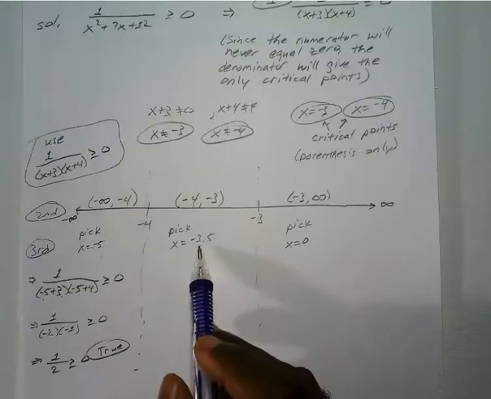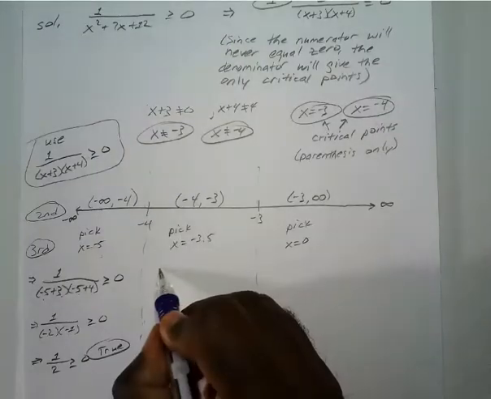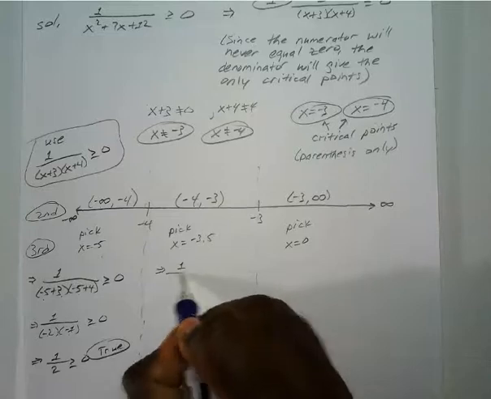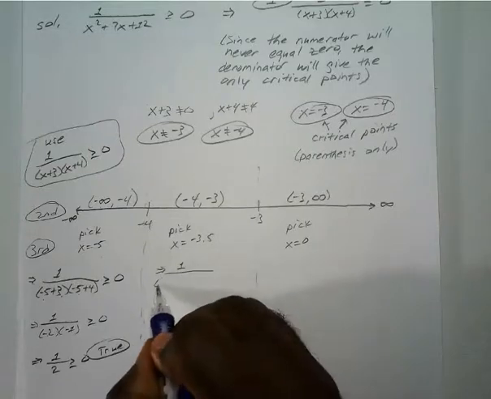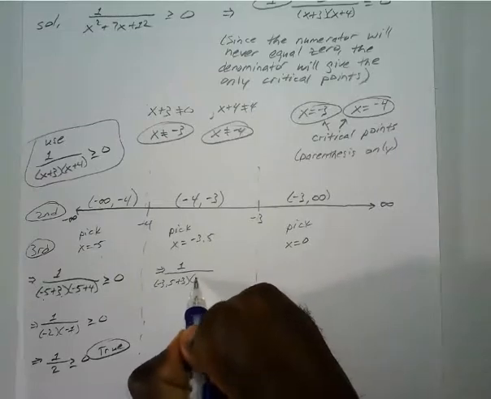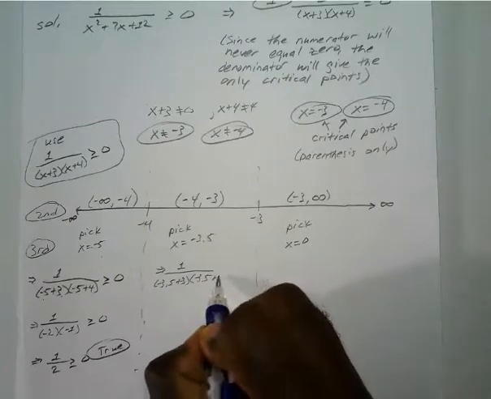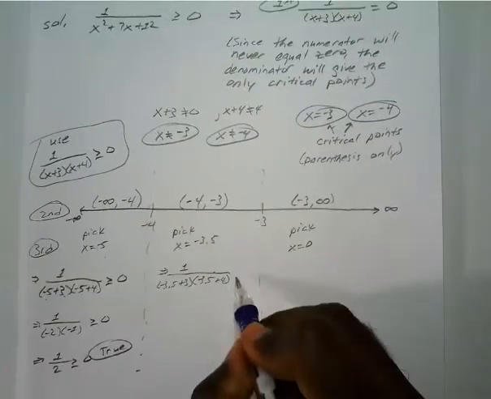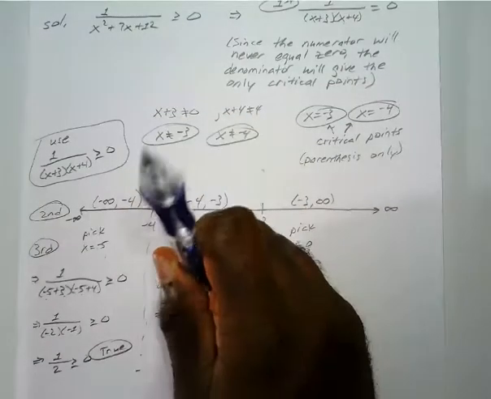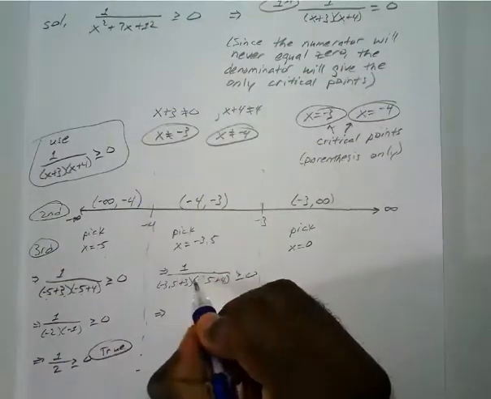Now if we pick negative 3.5, again, we just go ahead and plug it in. So you have 1 over negative 3.5 plus 3 times negative 3.5 plus 4 is greater than or equal to 0. Okay, so if you really don't feel like being bothered, let me clear that up just a little bit.